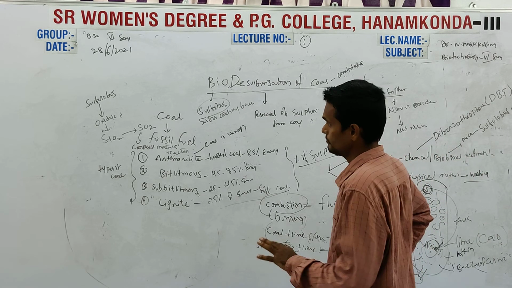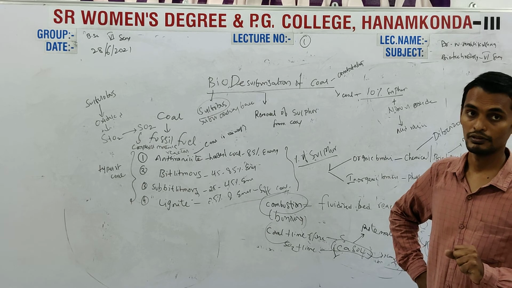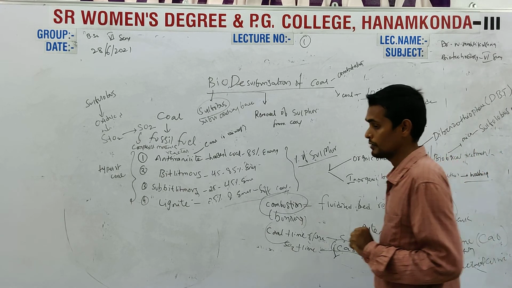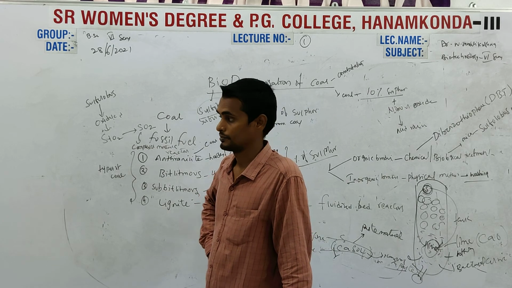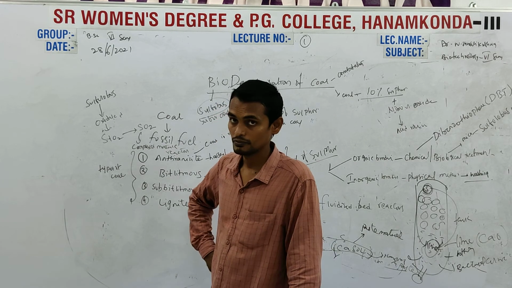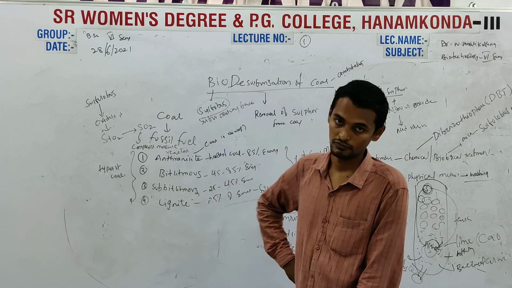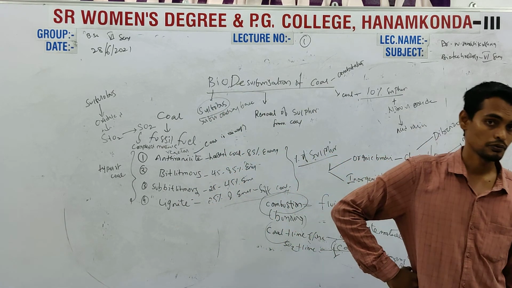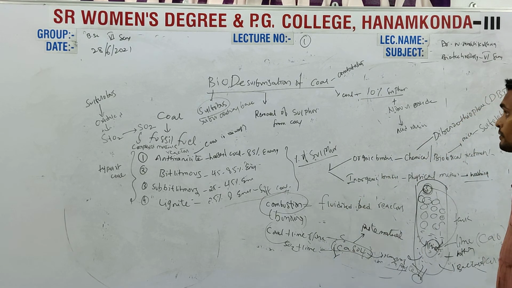So this is all about the biodesulfurization of coal. Bio means biological organisms. The biological organisms that are used for desulfurization, for the removal of sulfur from the coal, is called biodesulfurization of coal.